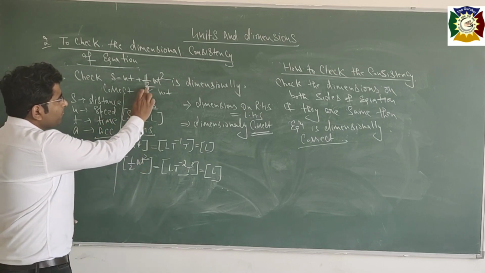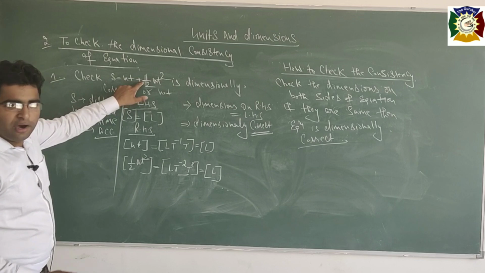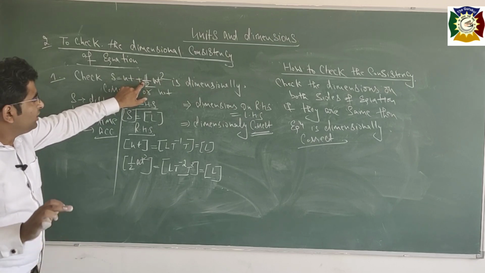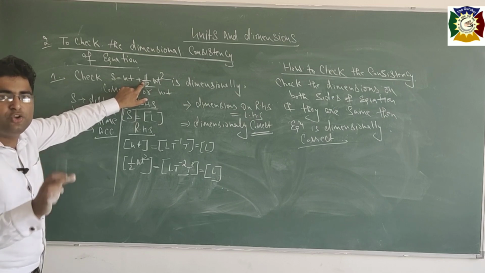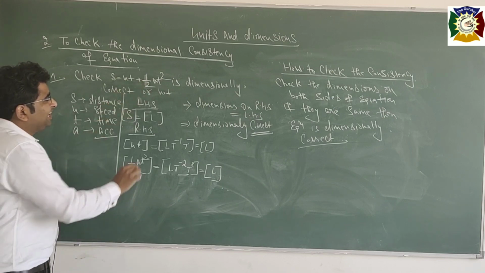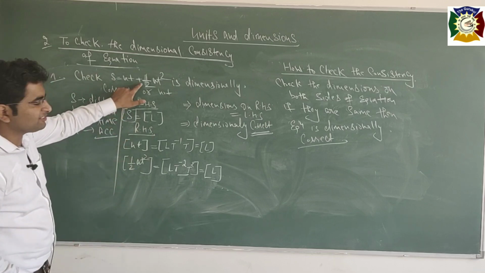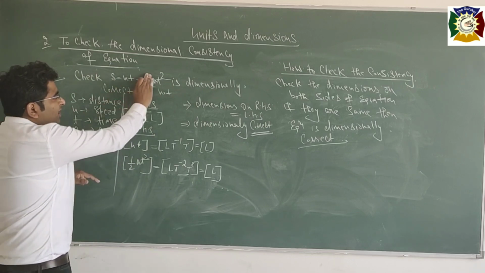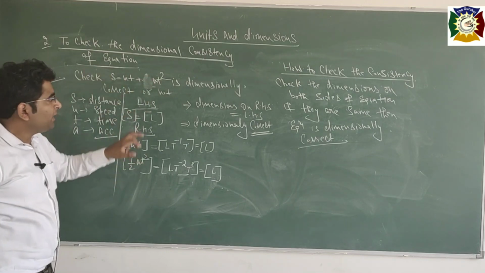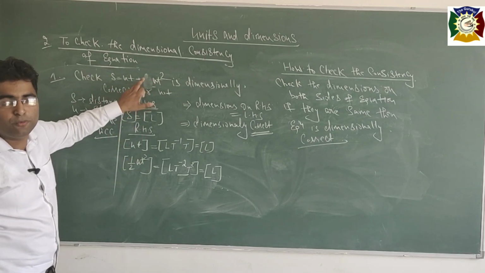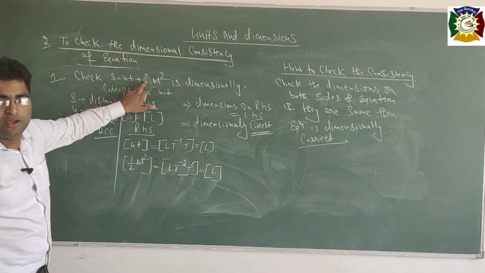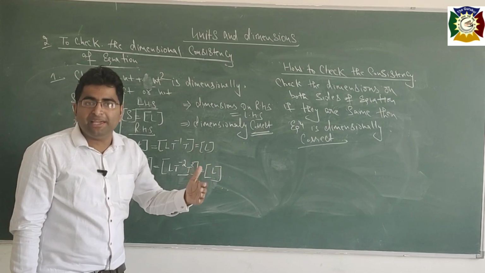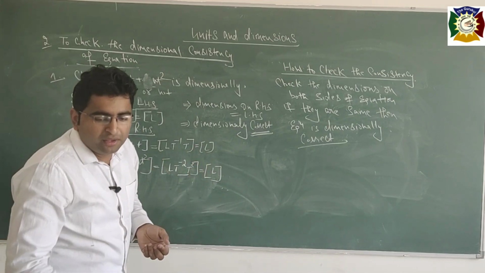So a correct dimensional equation need not be a correct numerical equation, because if I write half, it is dimensionally correct, and numerically it is also correct, but if I don't write half, it is dimensionally correct but numerically it is wrong. So any dimensionally correct equation, we cannot say that it will be numerically correct also. Clear?